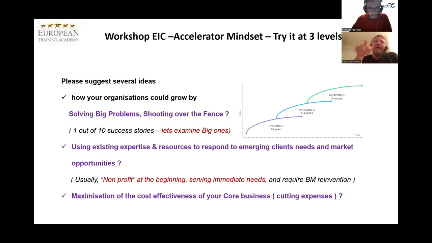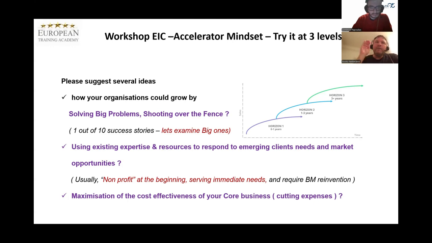That's the second horizon of innovation. It's good. You do need to have a higher level of innovation than the first horizon. But again, it's not what we're looking at in the accelerator.